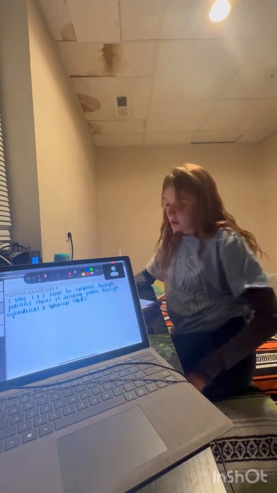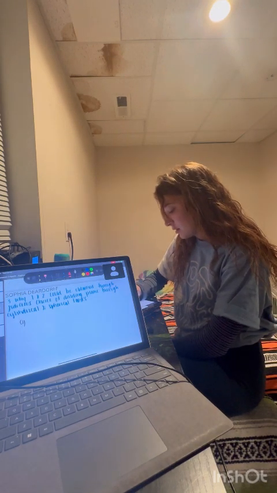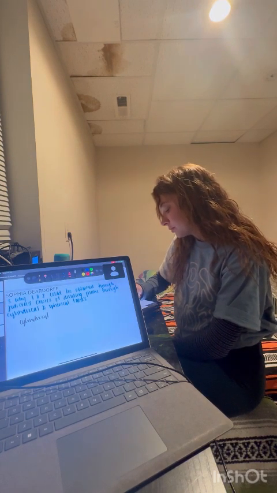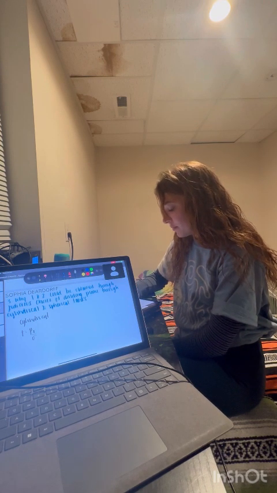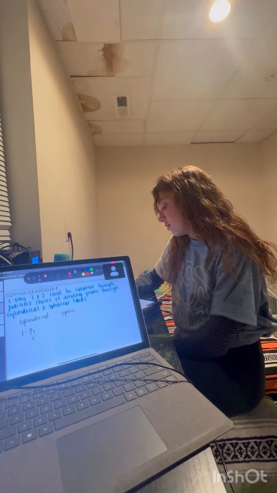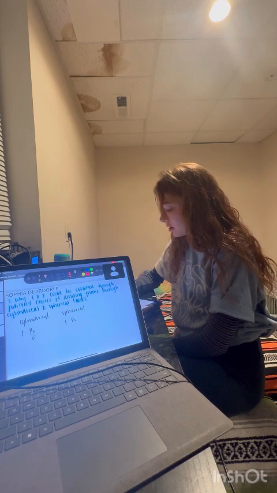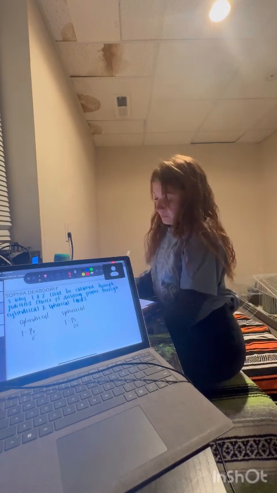So for this one, we are comparing the cylindrical and spherical tanks. Cylindrical, your thickness is going to be equal to PR divided by tensile, and your spherical is T equals PR divided by 2 tensile.